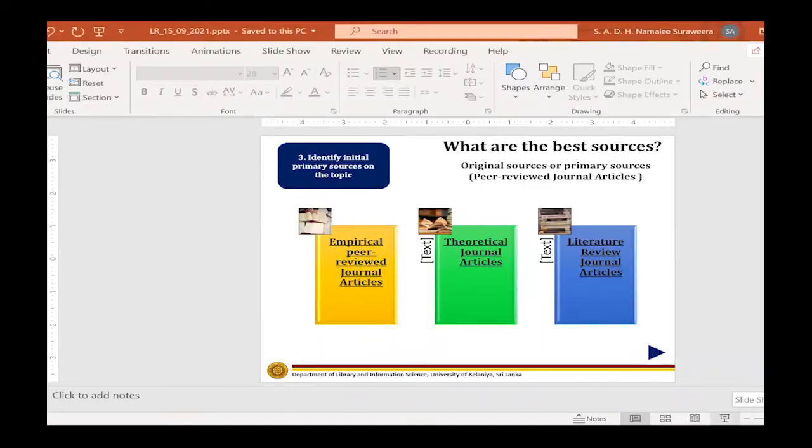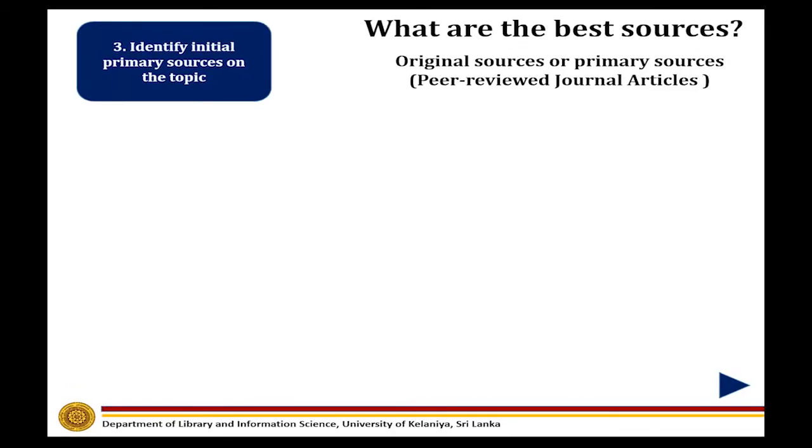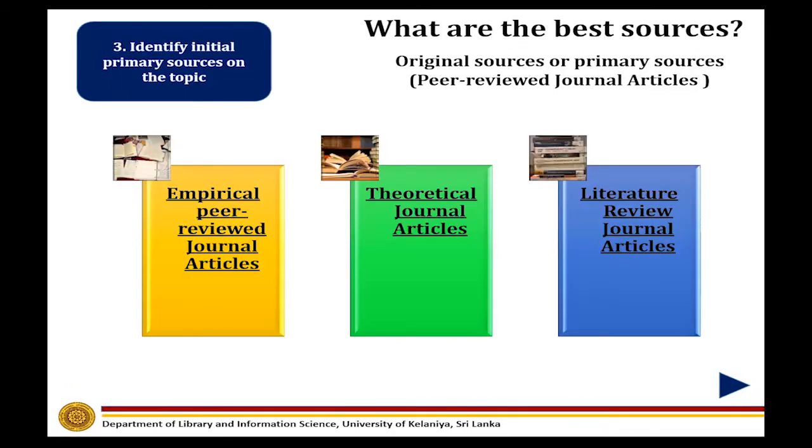So this is step 3, right? And what are the best sources? As you can see here, I have given 3 primary sources in order to help with your study. I'm not focusing here just on primary sources, maybe textbooks or other reference materials, right?